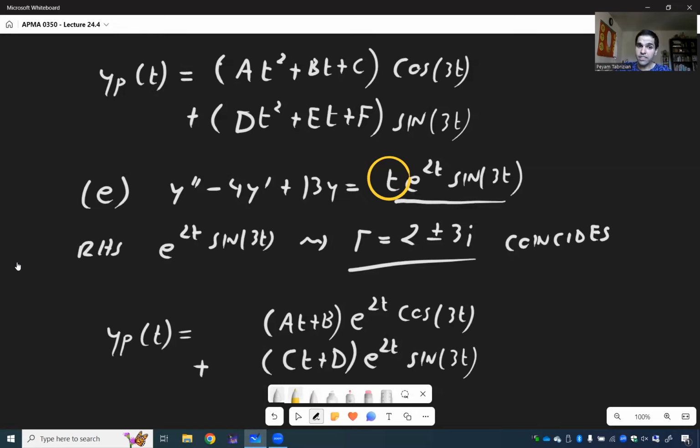And because there is resonance, you have to add an extra t. So the answer is t times (at plus b) times e to the 2t cosine 3t, and the same thing with sine of 3t. And you just won Who's That Particular Solution?